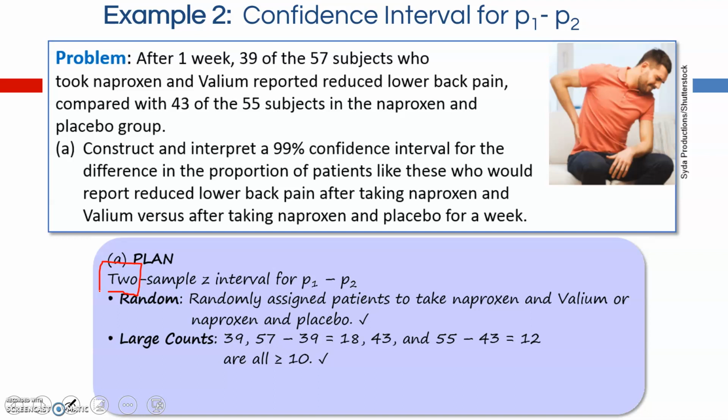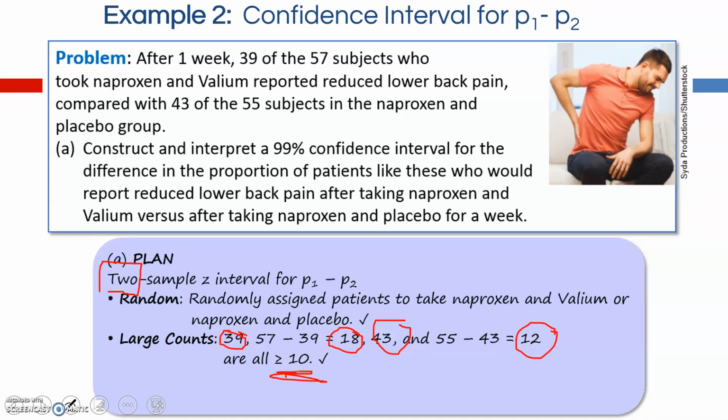When you are not randomly sampling from a population, you don't need to check the 10% condition. And that occurs when you have experiments like these. Now, large counts: we're going to use the actual counts here, 39 and 18 for the p sub 1 group, and 43 and 12 for the p sub 2 group, and these are all greater than or equal to 10.